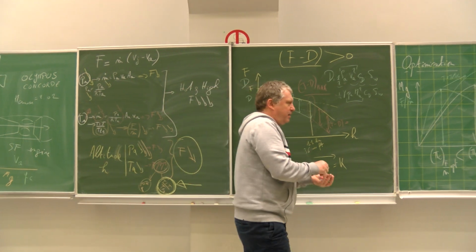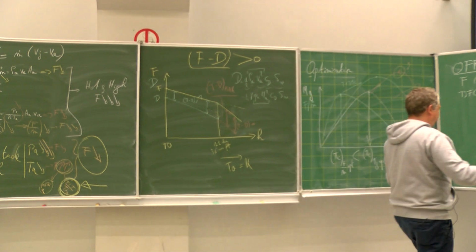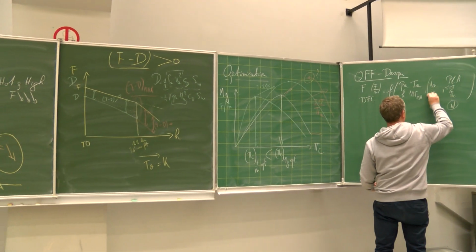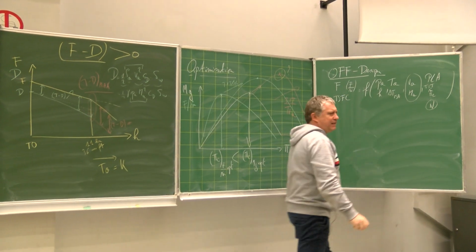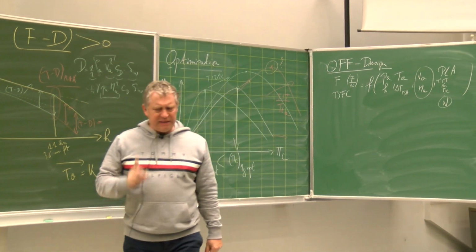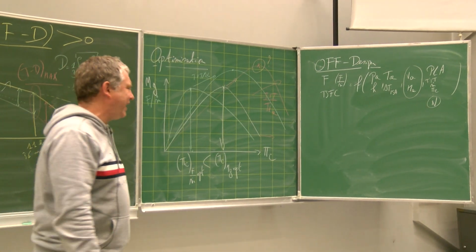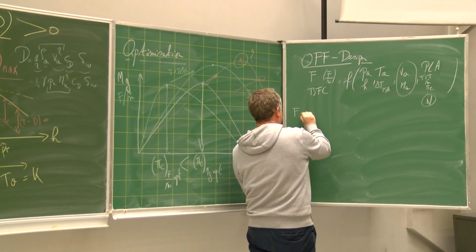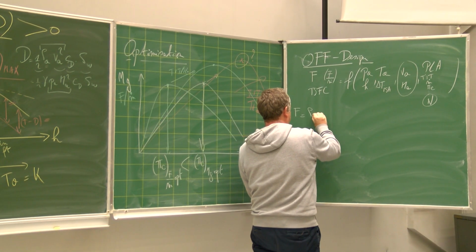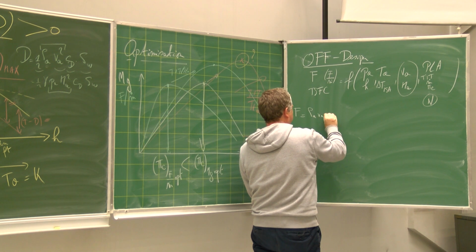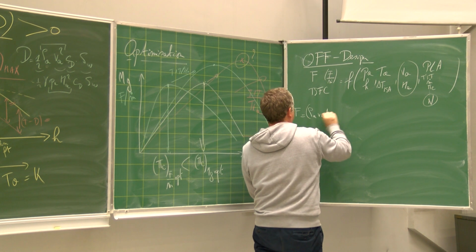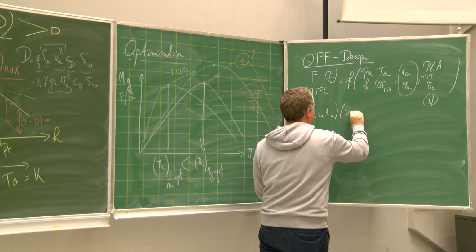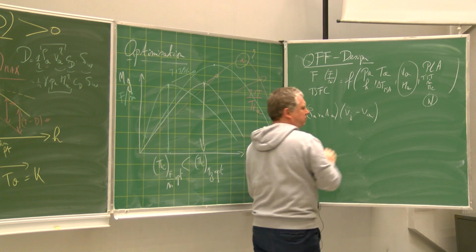Now, there is another one that we need to consider. This one is a bit more difficult to tackle. Why? Because I have written the thrust as rho A VA AA multiplied by V jet minus VA.